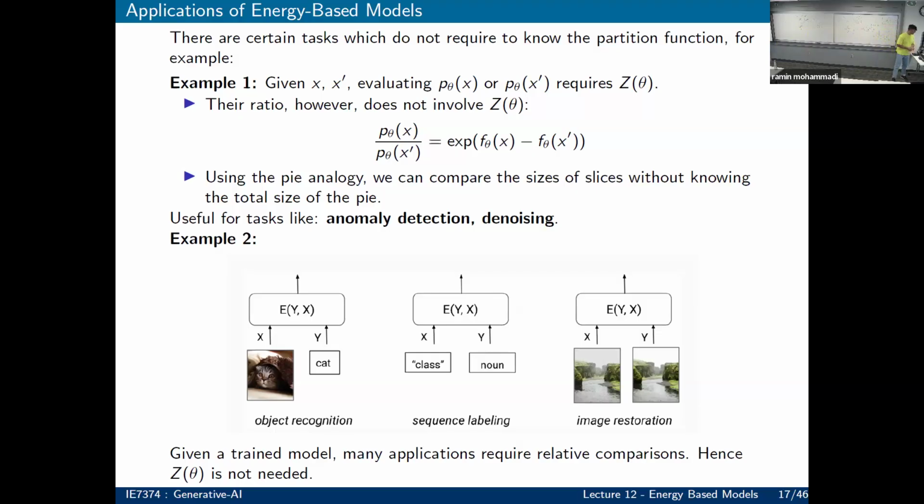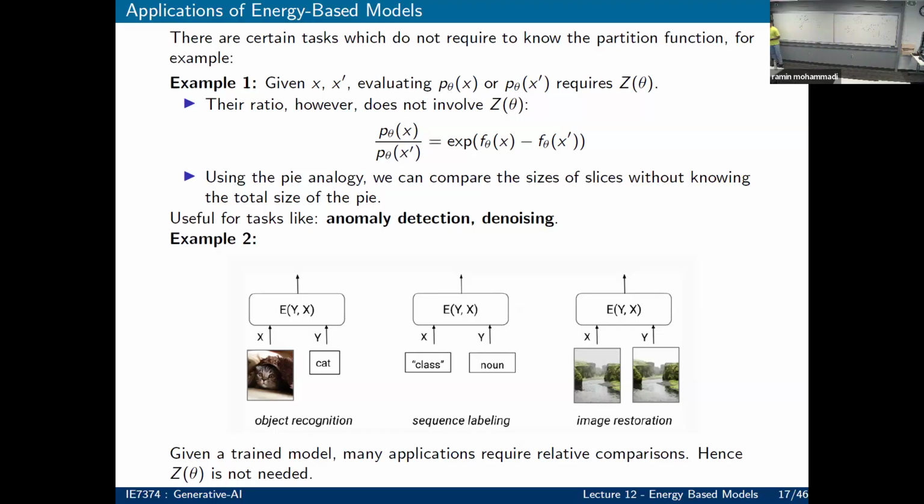Now, there's an example here: object recognition, sequence labeling, image restoration. E here could be the same as what we just talked about, the energy that you have, or think about your model, like an expert. You might not actually need Z for answering these types of questions.